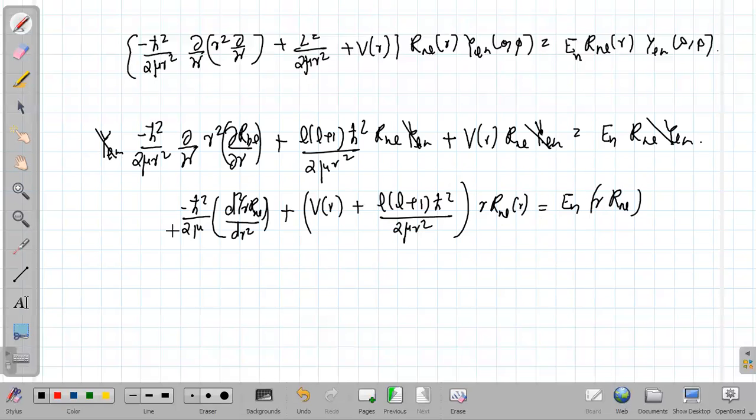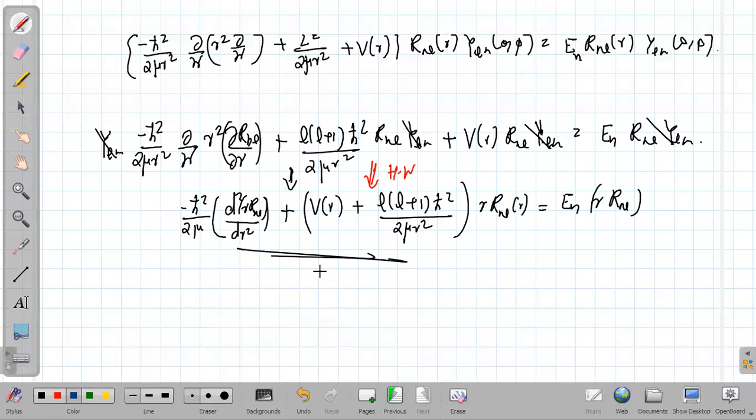Okay, so this step I am leaving to you. You can reach from the above steps to here. I'm very sure, so you can do this as homework. There is no big deal about it. Okay, so this is your R_nL, the radial part.